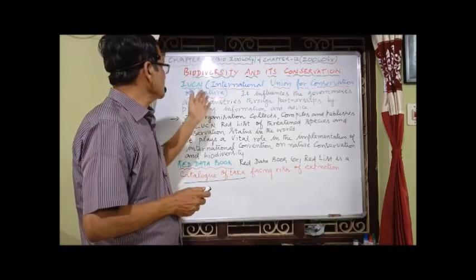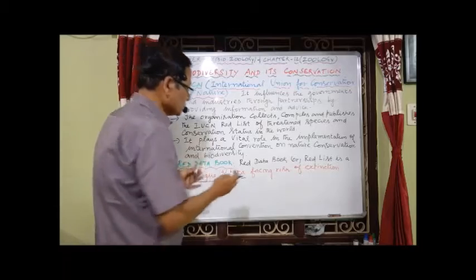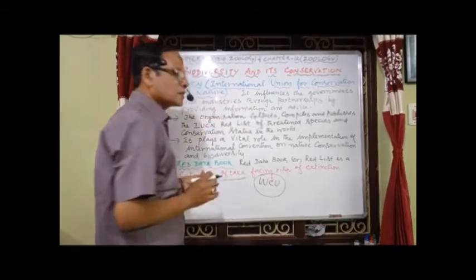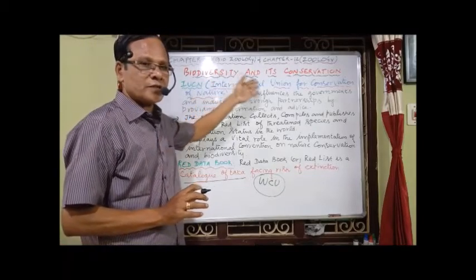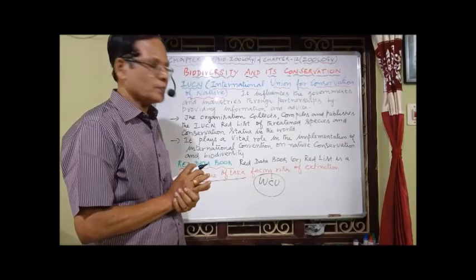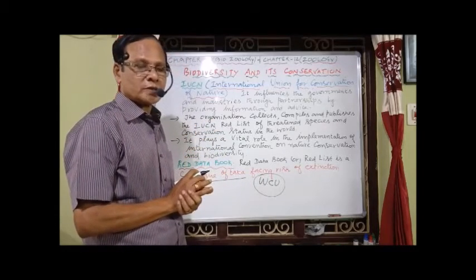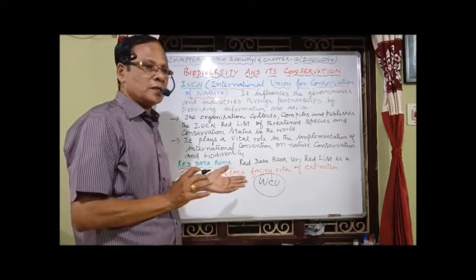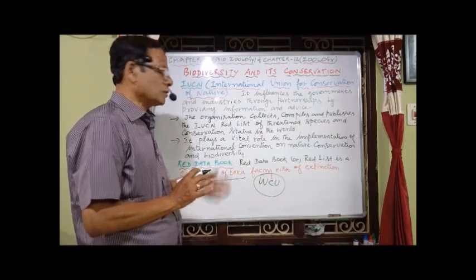This IUCN has just been renamed as WCU, the World Conservation Union. IUCN in the past maintained the Red Data Book, and now it is maintained by WCU, the World Conservation Union, a rename of IUCN.